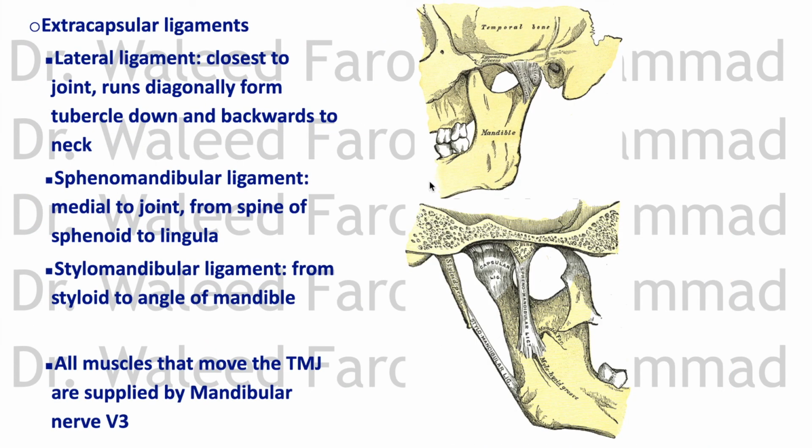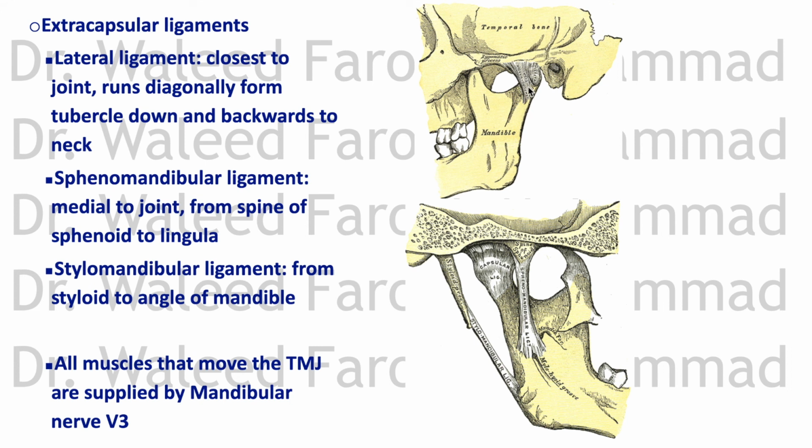Now, like any other synovial joint, it has extrinsic ligaments. They are not capsular thickenings, they are extracapsular ligaments. The first ligament is the lateral ligament.